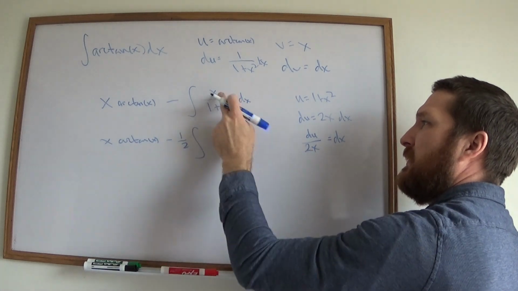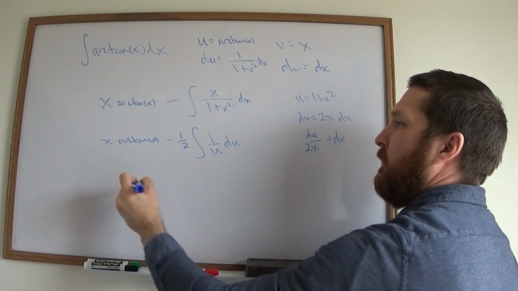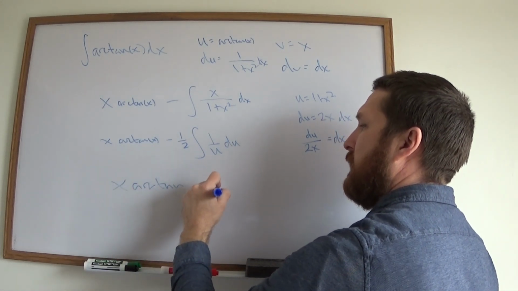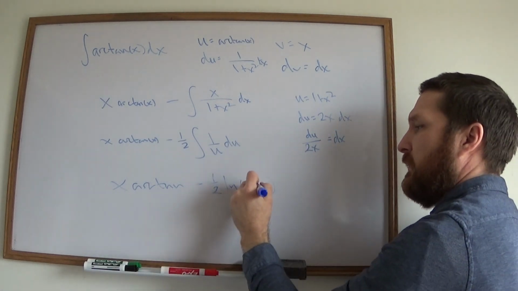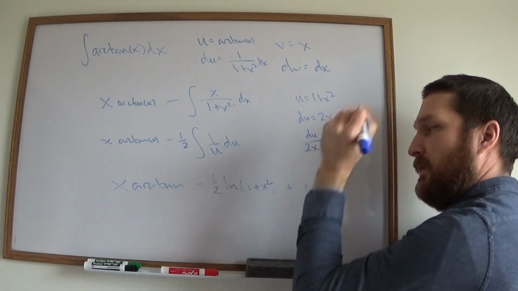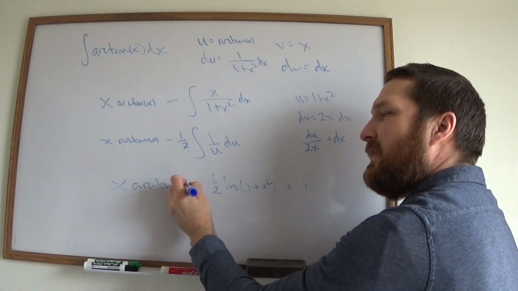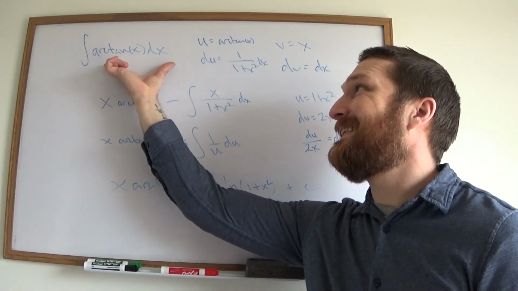The x is going to cancel that x, and I get 1 over u du, which is x arctan x minus 1/2 log u, but u is 1 plus x squared. And so there you go, we actually can do it. But we had to be tricky, right? You think there's no product in here. Yeah, there's a product right there.